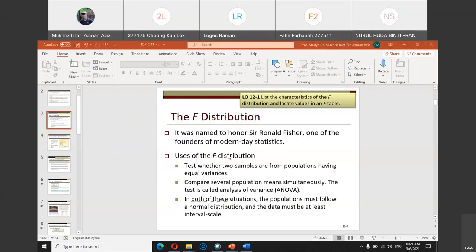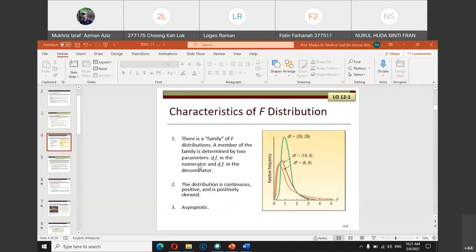That is the characteristic of the Z and T distributions. But when it comes to the F distribution, what is the main difference?